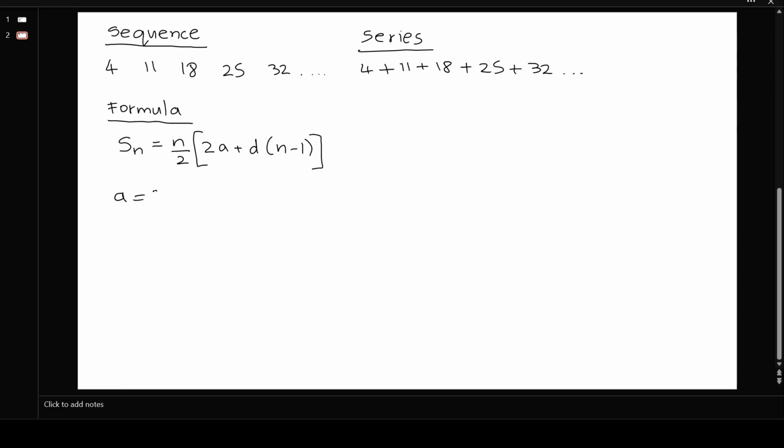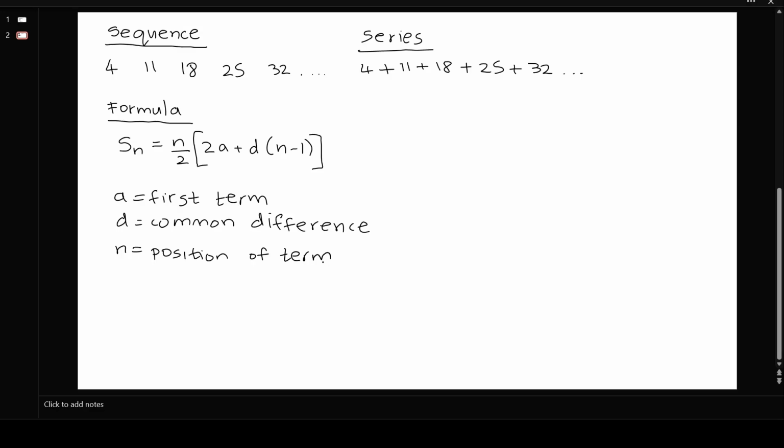A is the first term. D is the common difference. N is the position of the term, or in other words, it's the position of the last term that we're adding up.